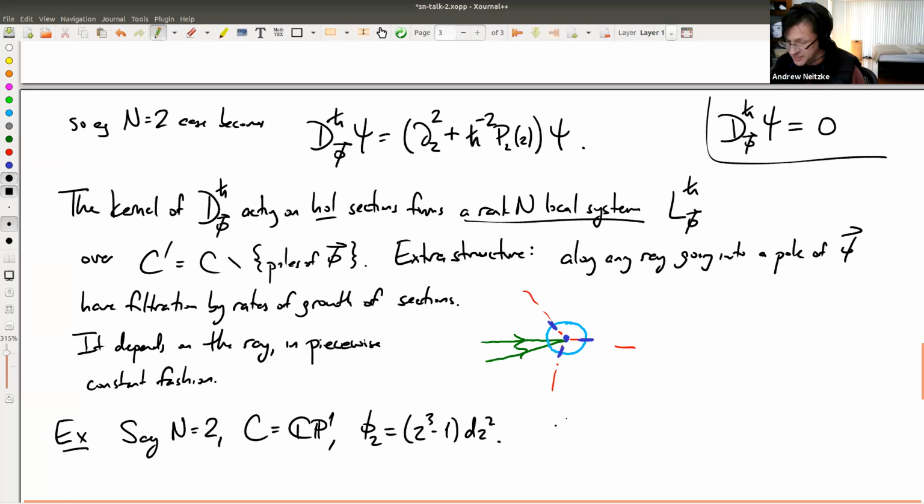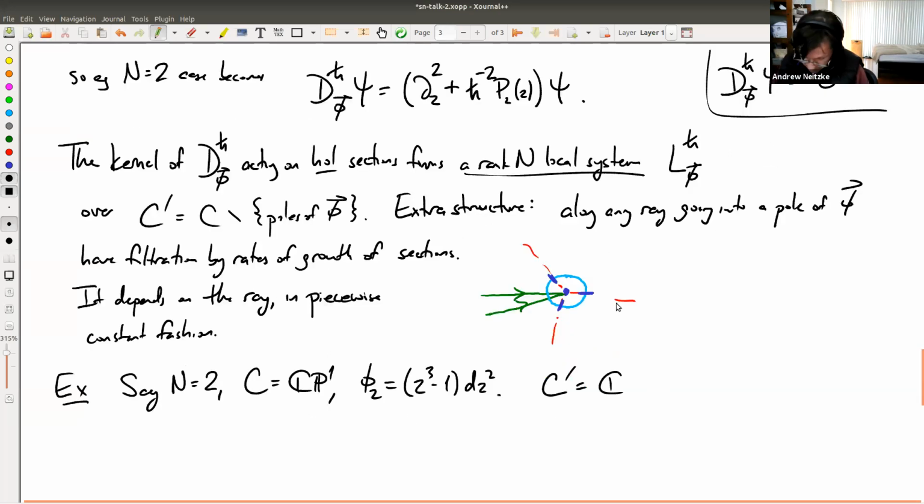So it has a singularity at infinity. Then I'm getting a local system just on the plane. It just has a two-dimensional space of global solutions of the equation. So we have a space of global solutions of this cubic Schrodinger equation.